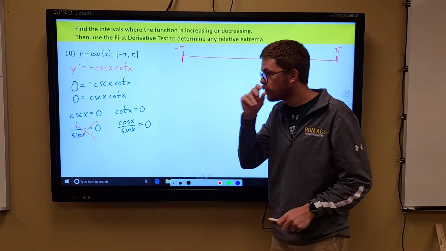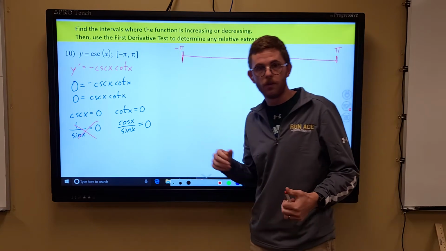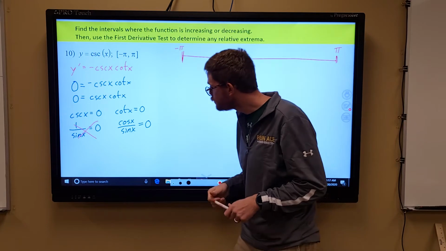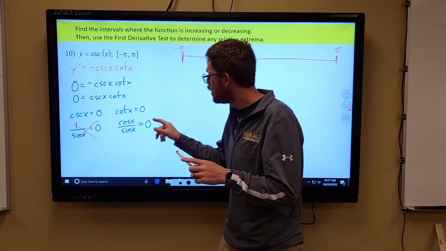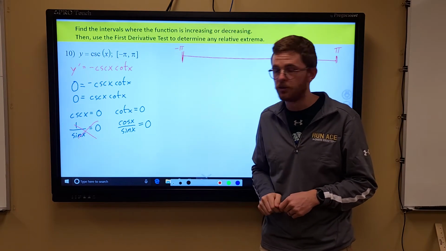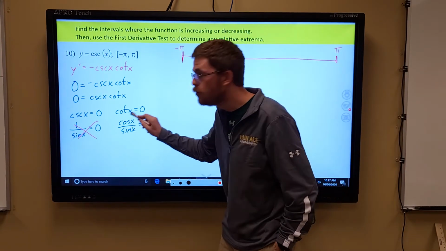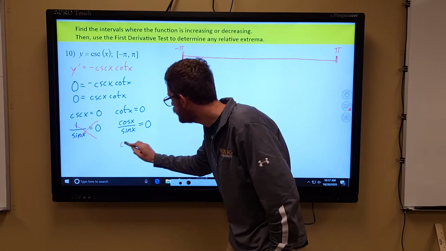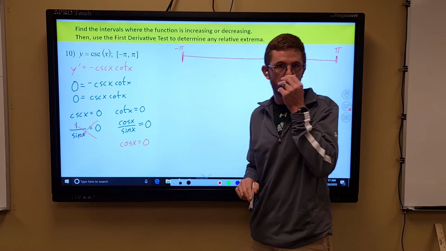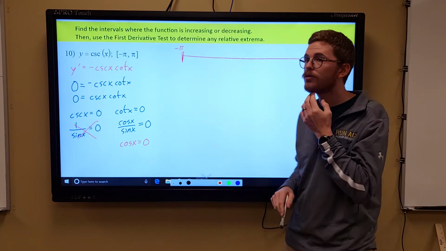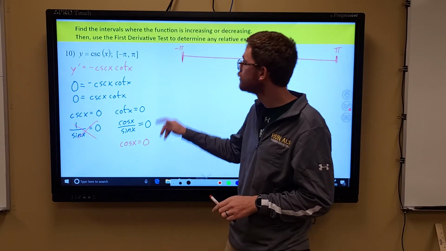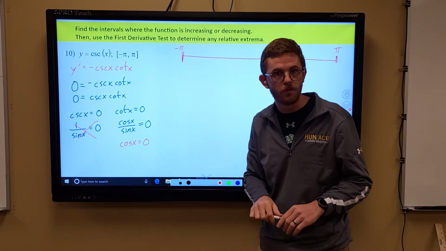But we can get some critical values, or hopefully at least one critical value, out of this. When is cosine of x over sine of x equal to 0? Well, that would be when the numerator equals 0. When does cosine equal 0? That's the trick. We're really looking for all the times that cosine equals 0 on this interval.